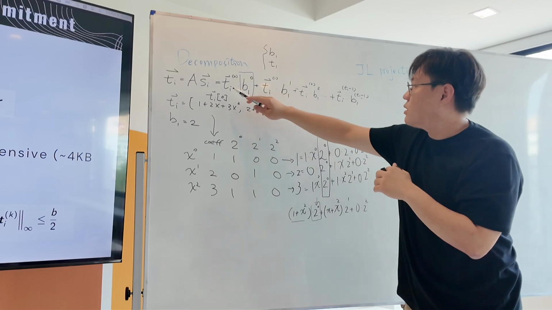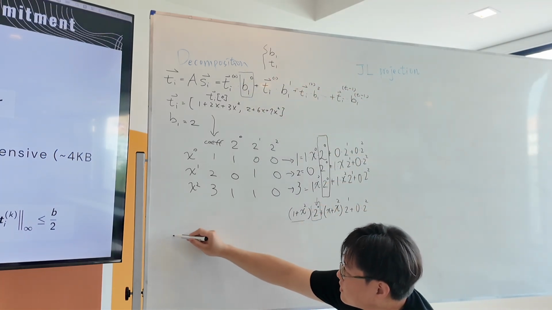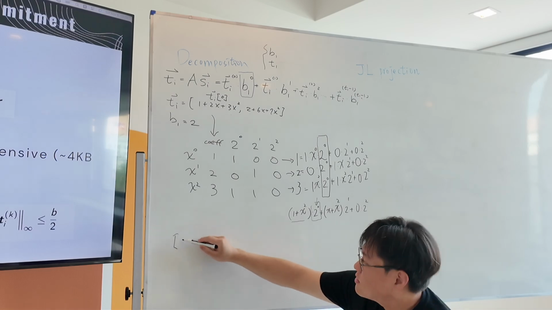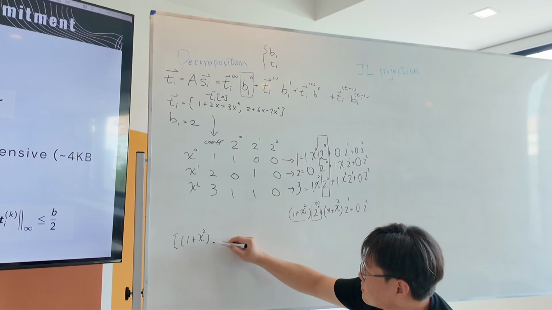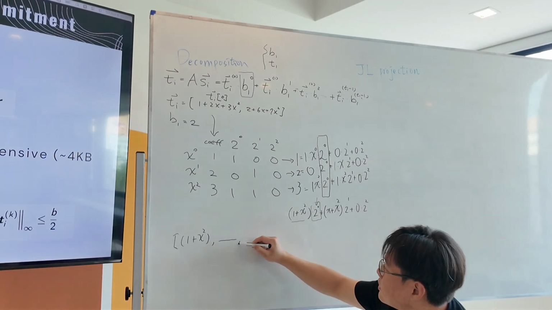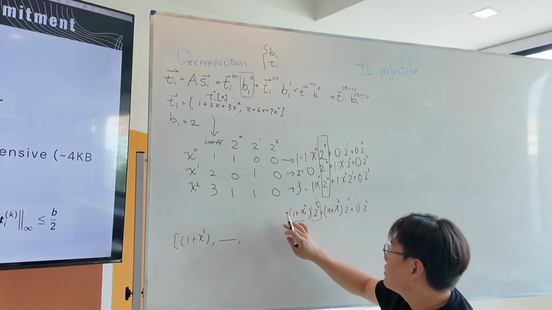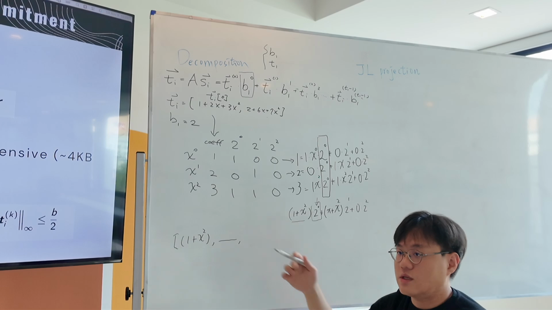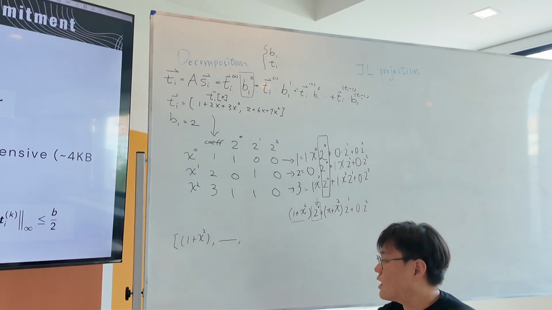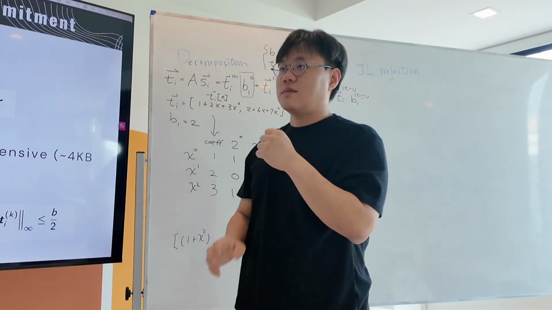Ti0 is also a vector, so it will become like this. We divided this into this form and just put the elements here. That's how we get the decomposition of Ti. Thank you.